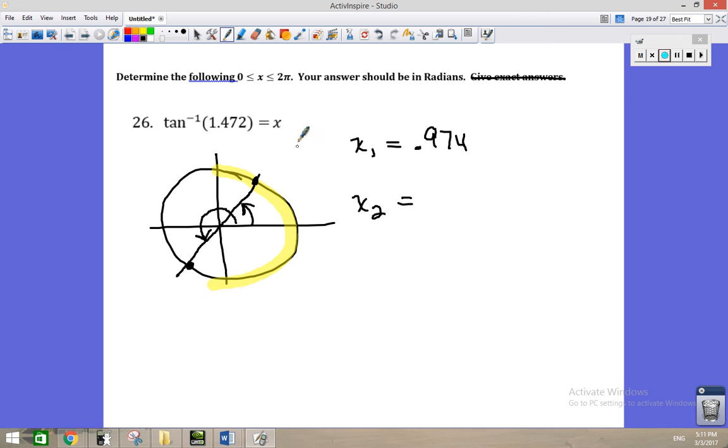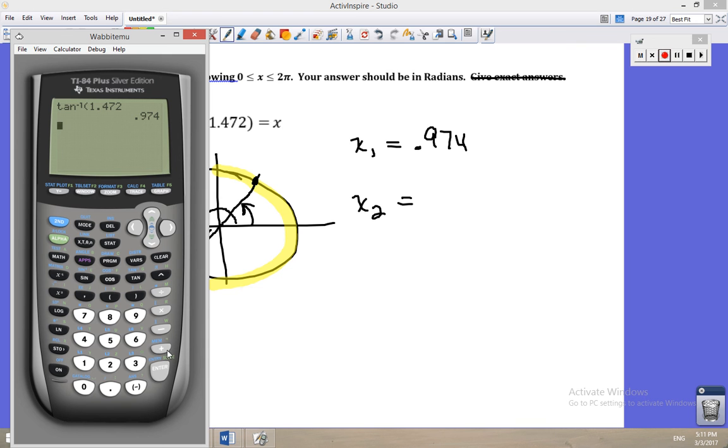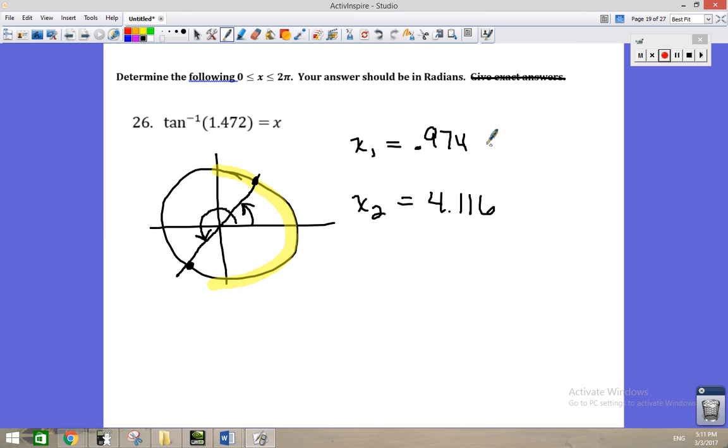Of the infinitely many solutions to this equation, there's only two of them that are between 0 and 2 pi, and if we add pi to this, 4.116 radians is the second answer, and those are our only two answers. And remember that we couldn't give exact values because those weren't points on the unit circle. We're having to approximate it on our calculator, and I'm just approximating it to 3 decimals.